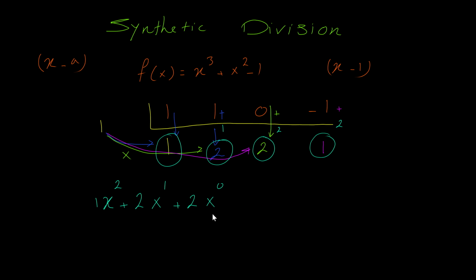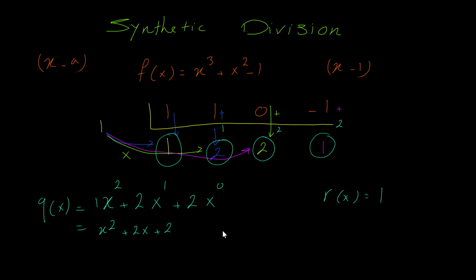That's the quotient, which if I simplify is x squared plus 2x plus 2. And the last digit that I have here is going to be my remainder. So r of x is equal to 1. And that's how I get this synthetic division.